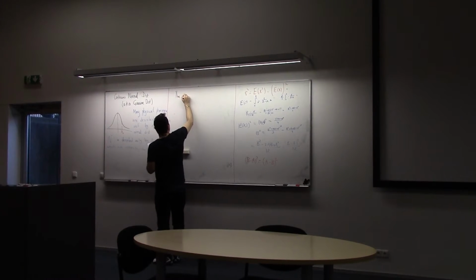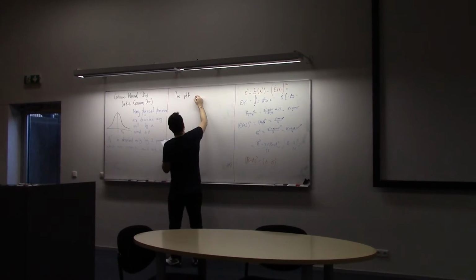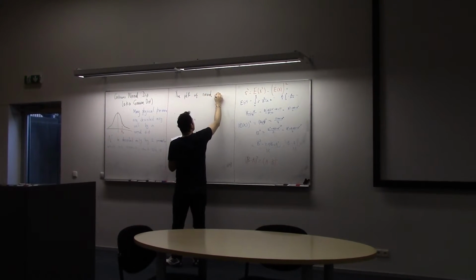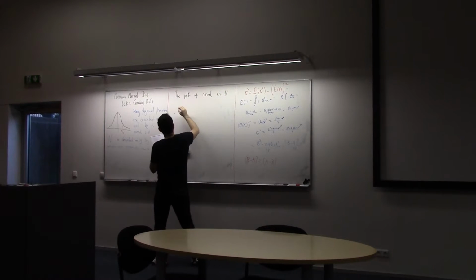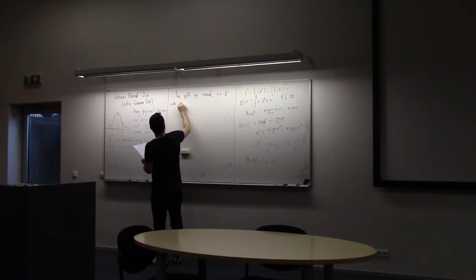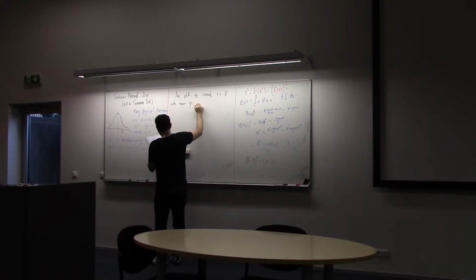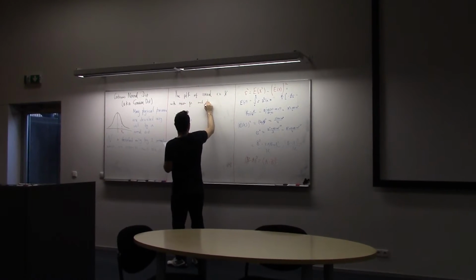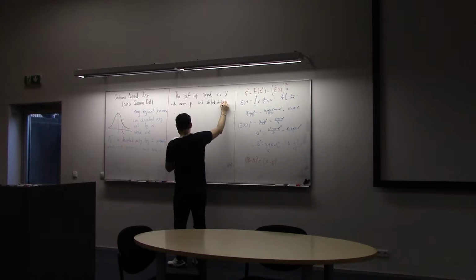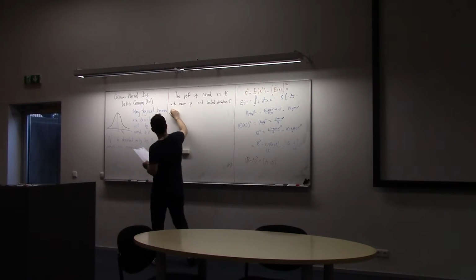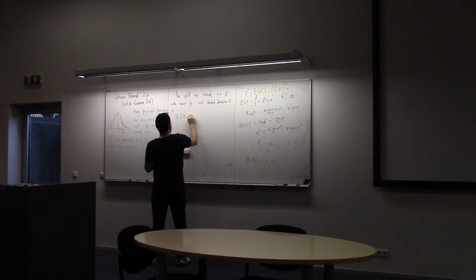The PDF of a normal or Gaussian random variable x with mean mu and standard deviation sigma is N of x, mu and sigma.